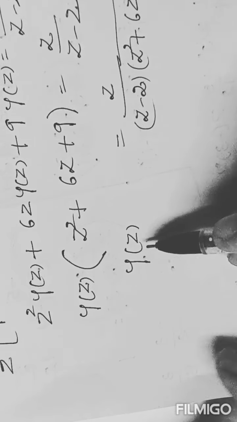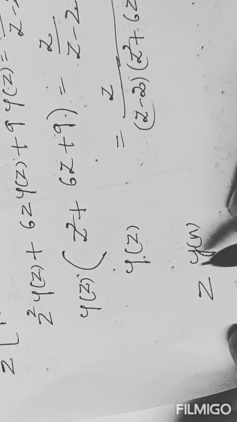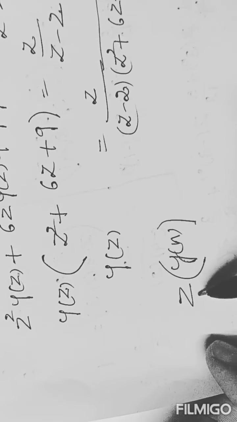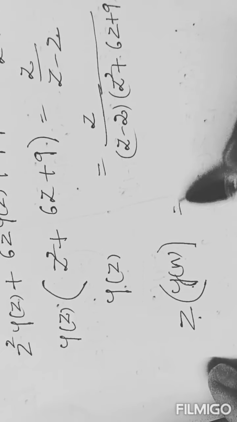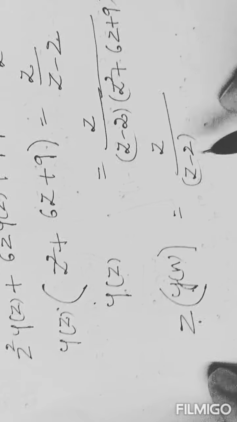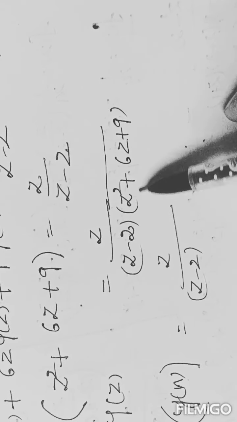After that, Y(z) is nothing but the Z transform of y(n). As per the working procedure, Y(z) equals Z transform of y(n), z by z minus 2 into, here this is a quadratic expression, no formula for this, so we have to find the factors of this quadratic expression.